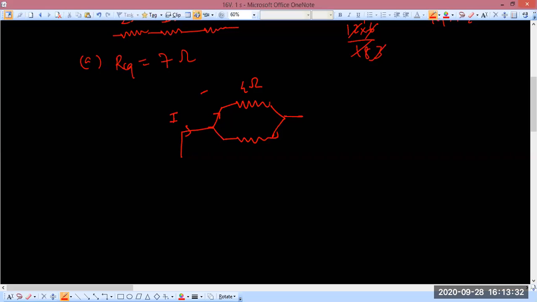So this current will split into two equal parts, because both are 4 ohm. Clear?